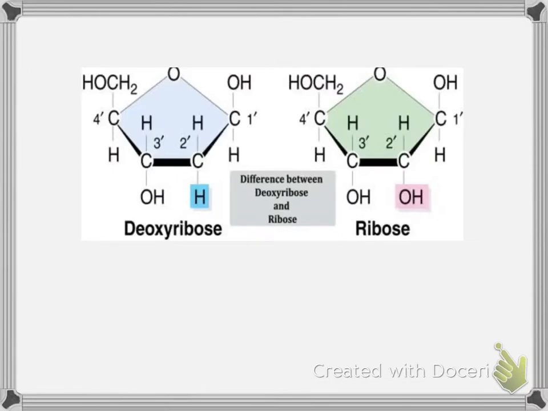These are the pentose sugars present in the nucleotides. One is deoxyribose and the other is ribose.